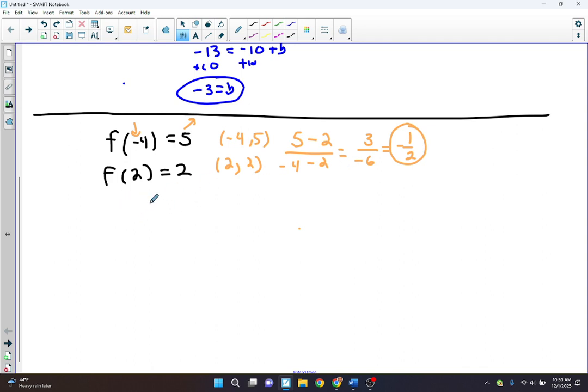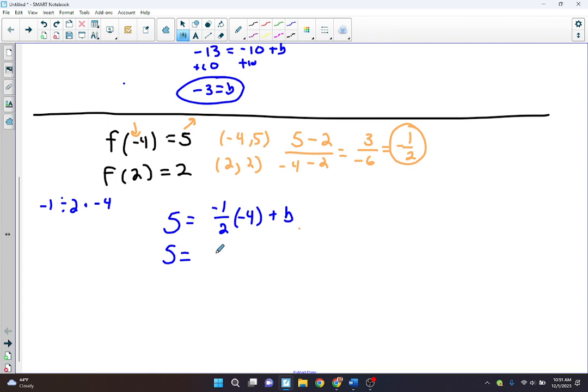After you find the slope, you're going to plug it in using one of the points. I'll use the top one, but you could use the bottom one just as fine. 5 equals negative a half times negative 4 plus b. Remember, if you have your calculator, you could do negative 1 divided by 2 times negative 4.